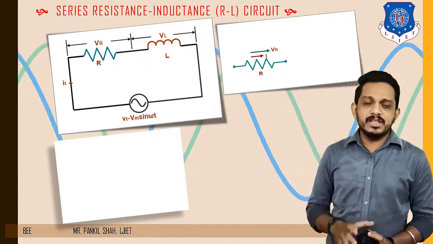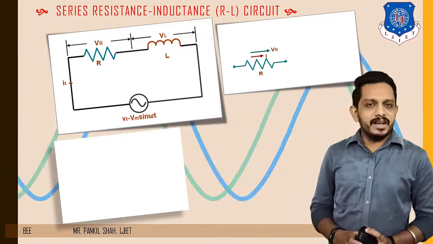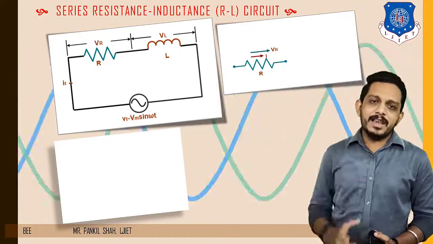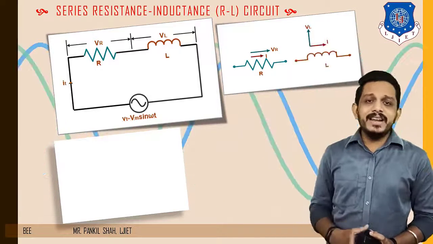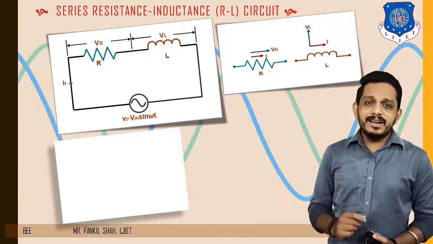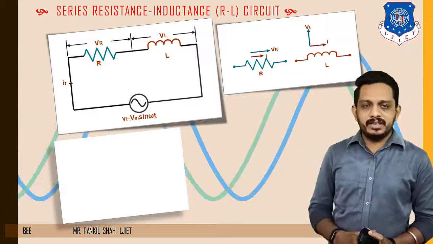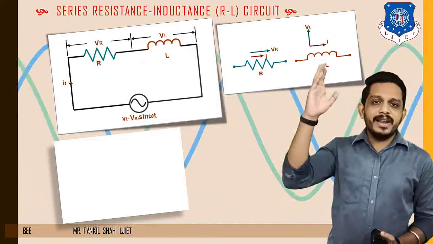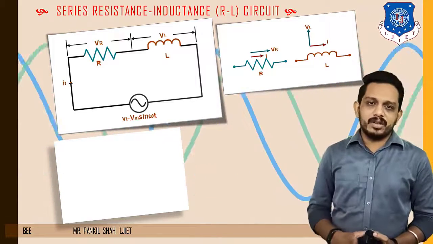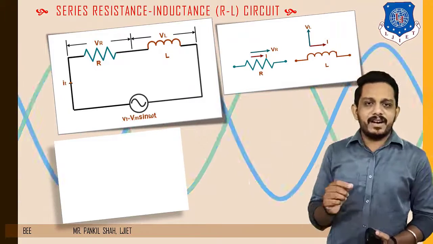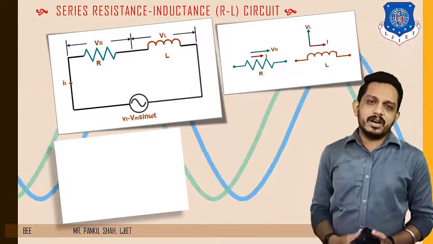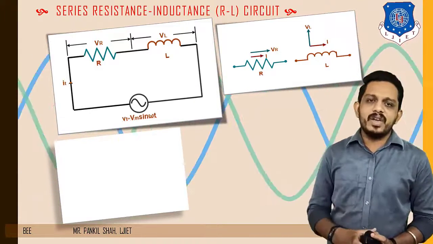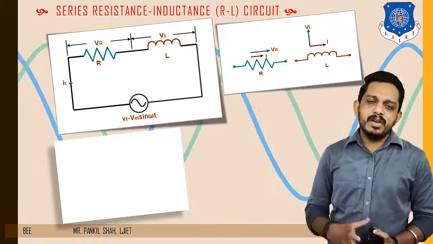There is no phase difference between voltage and current, so the phasor diagram for the resistor will have voltage and current along the same line. In case of an inductor, current lags behind the voltage by 90 degrees. If we take current as the reference, we get this vector diagram for the inductor, meaning voltage leads the current by 90 degrees. And in case of the resistor, they are in the same phase because there is no phase difference between voltage and current.